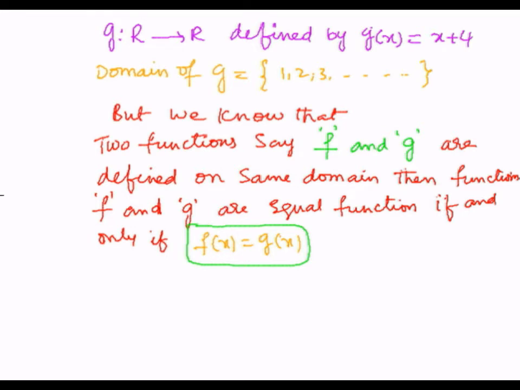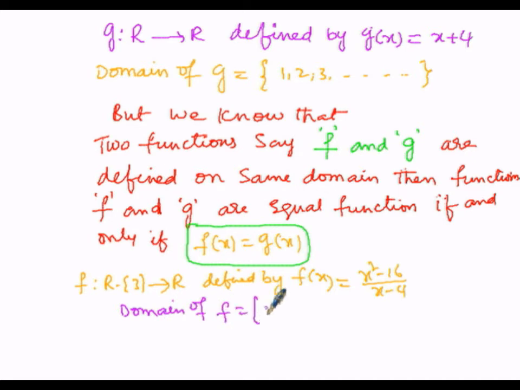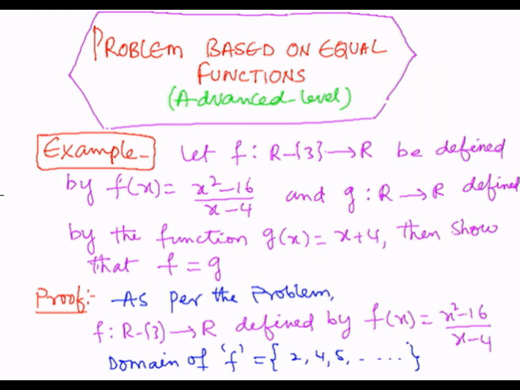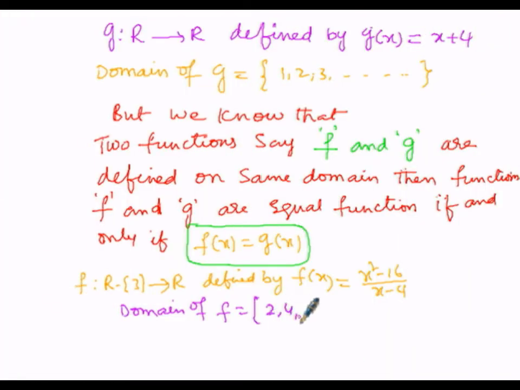So here let us take the domain. In the case of the f function, that is the real numbers except 3 to R, defined by f of x equals x square minus 16 overall divided by x minus 4, we got the domain of f as 2, 4, 5 and so on.